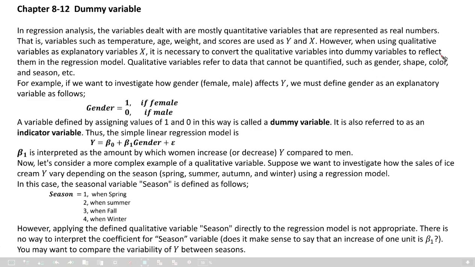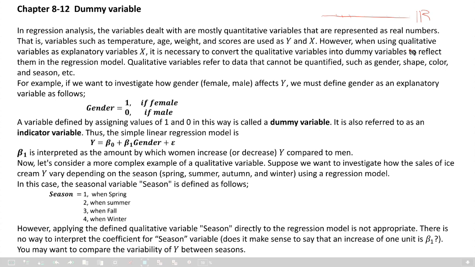In regression analysis, the variables dealt with are mostly quantitative variables that are represented as real numbers, meaning any value on the real number line. That is, variables such as temperature, age, weight, and scores are used as x and y.